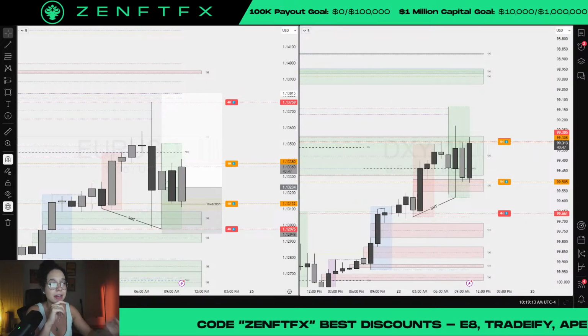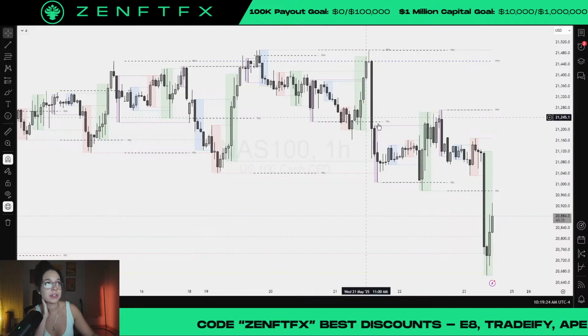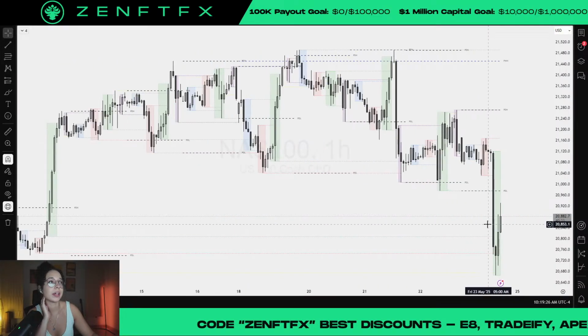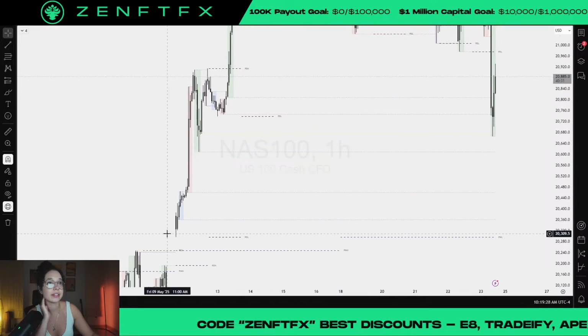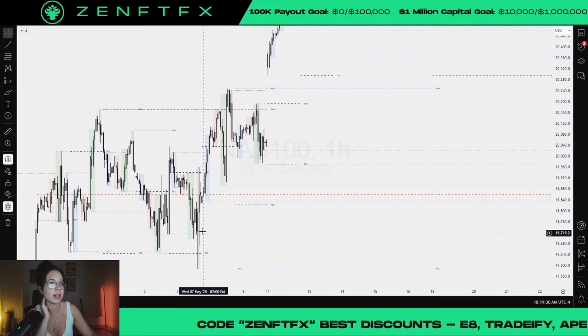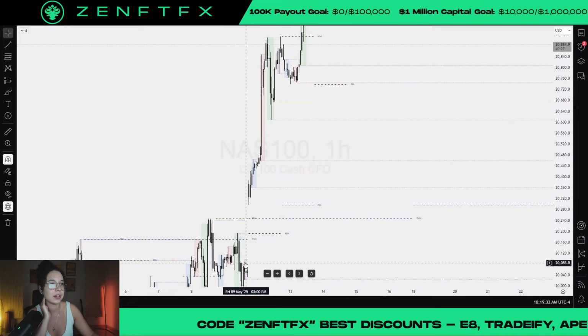In retrospect they're insane. All the indices, Nas, S&P, oil, gold, these percentage moves becoming a regular thing is super dangerous. These swings are disgusting.